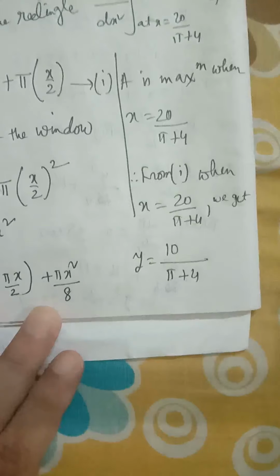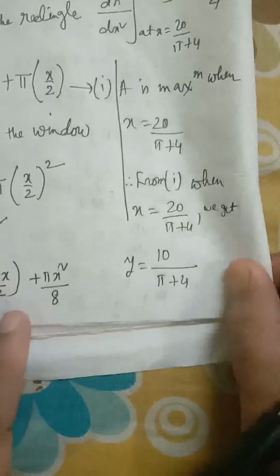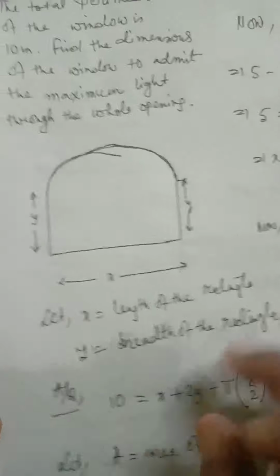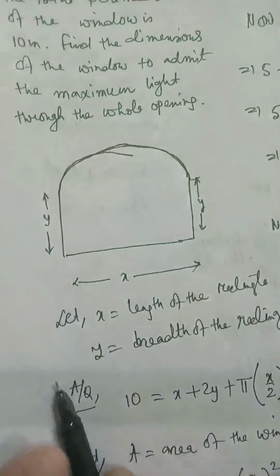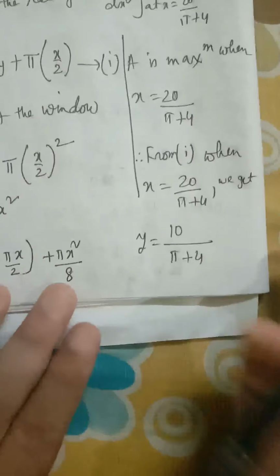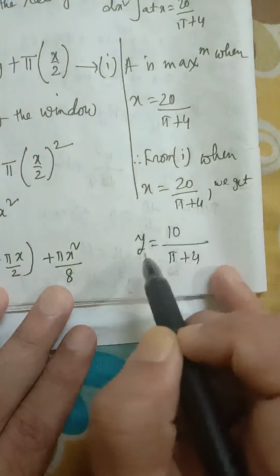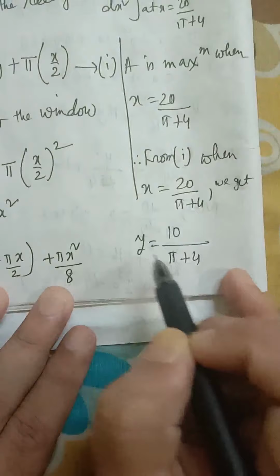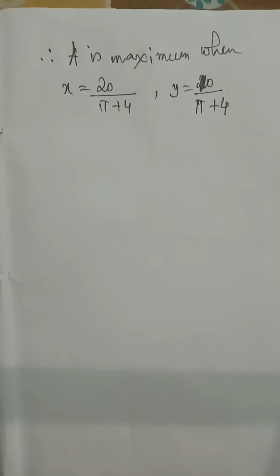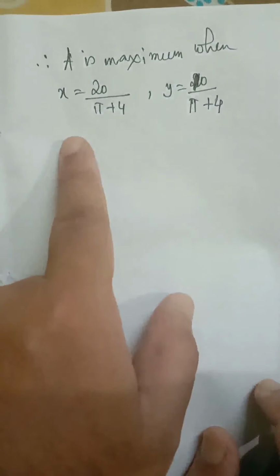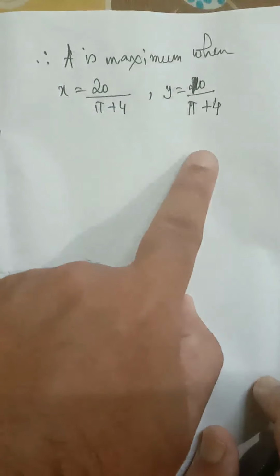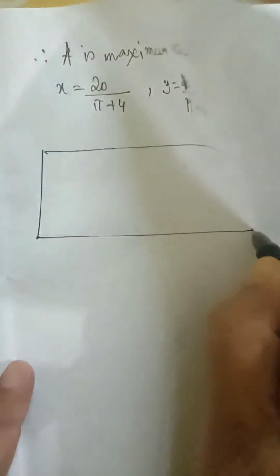So now we can conclude that the maximum light will pass through the window when the length of the rectangular part is this, and breadth of the rectangular part is this. So A is maximum when x equals 20 by pi plus 4, y equals 10 by pi plus 4.